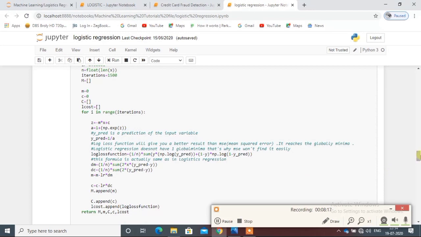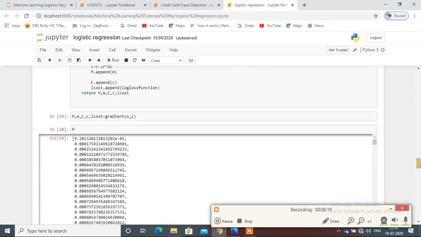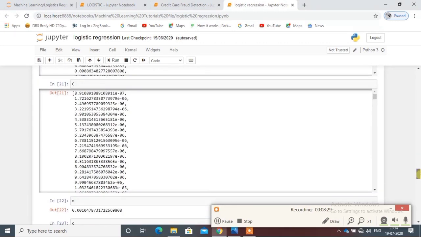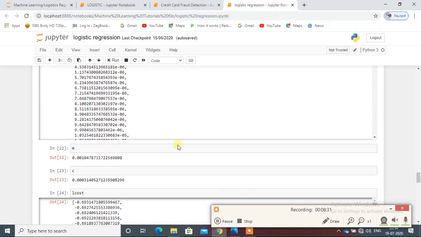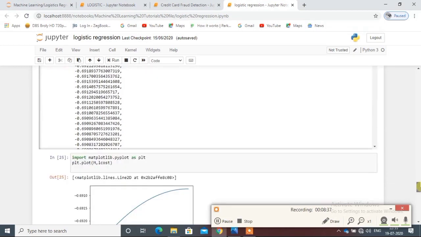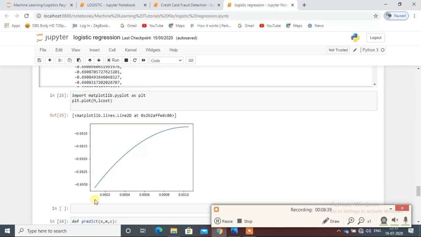So we got our values, a different slope and a different intercept c. We got our perfect slope m and c for the best line. Post value, we got our m, the slope.